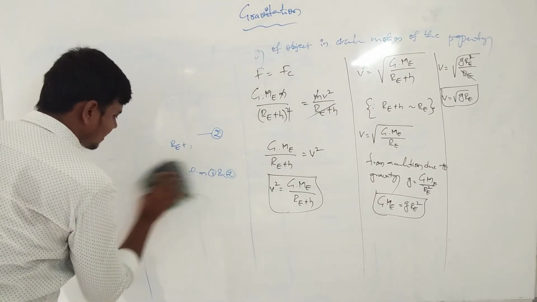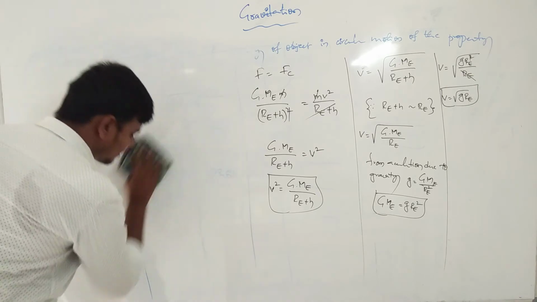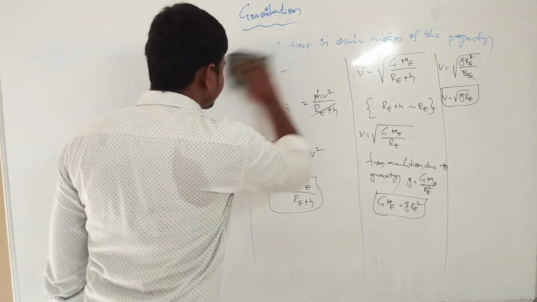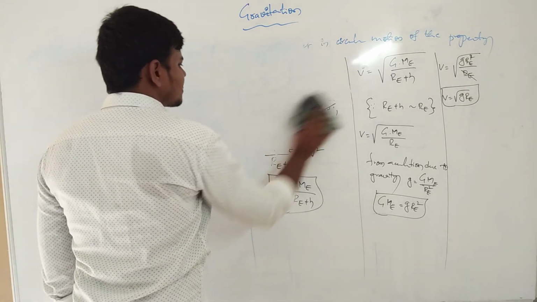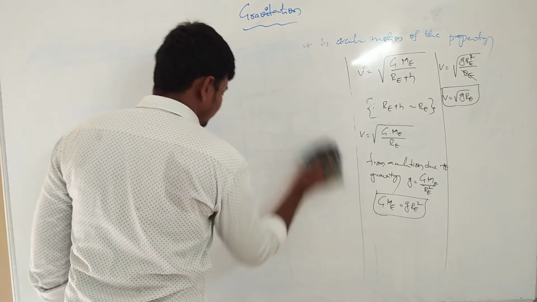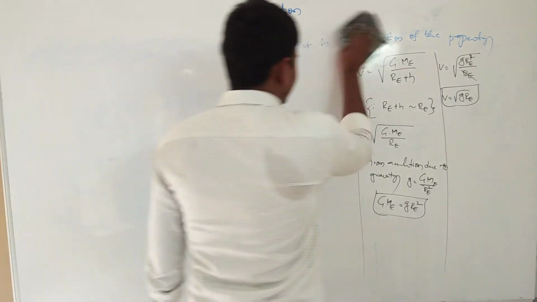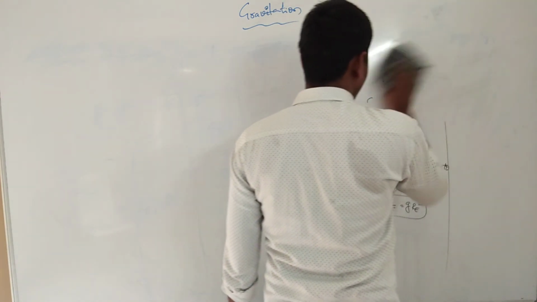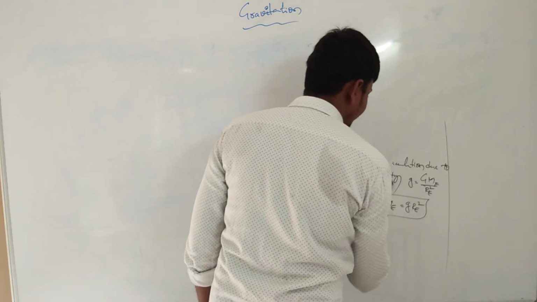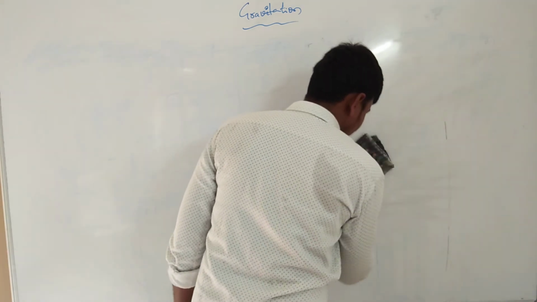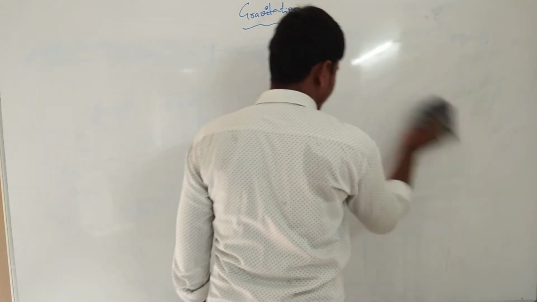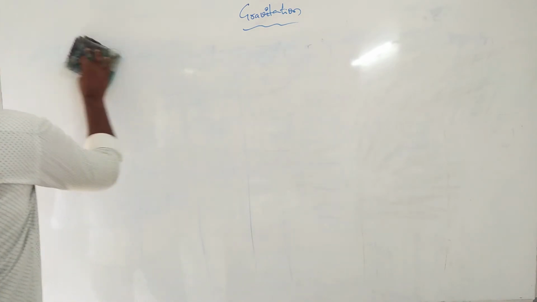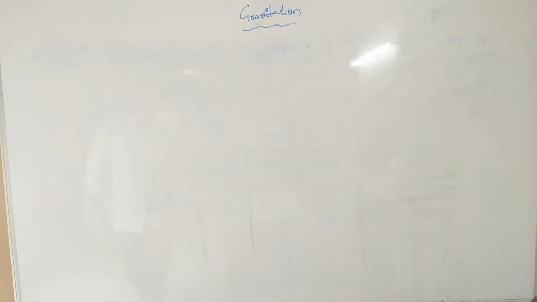The next four-mark important question is the geostationary satellite.